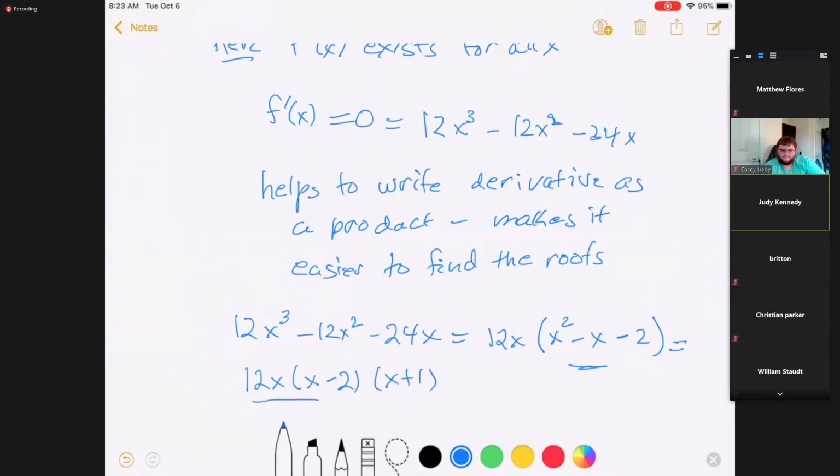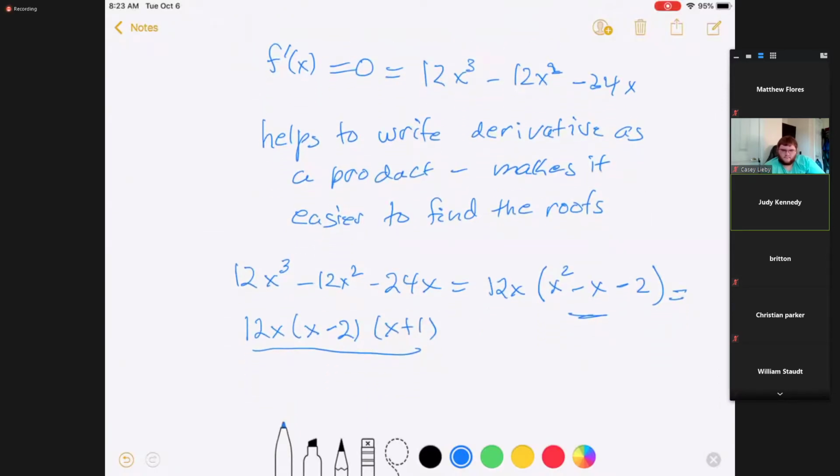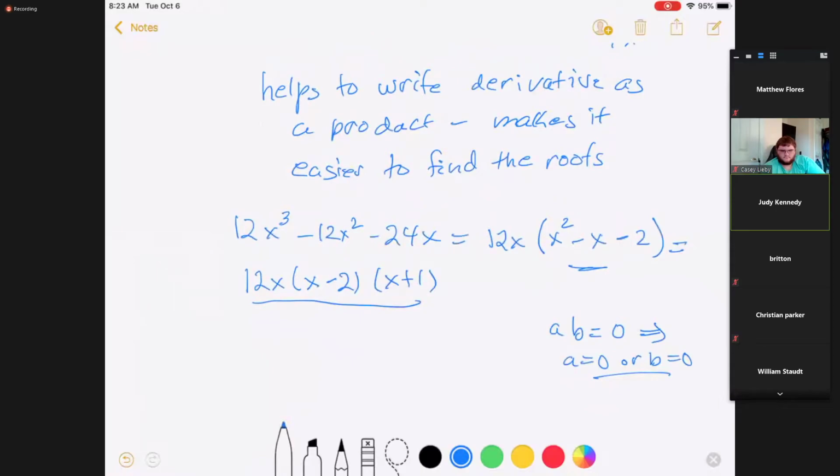And the nice thing about writing it as a product is that we can use the fact that when a times b equals 0, that means that a is 0 or b is 0. So if one of these factors is 0, the whole thing is 0.